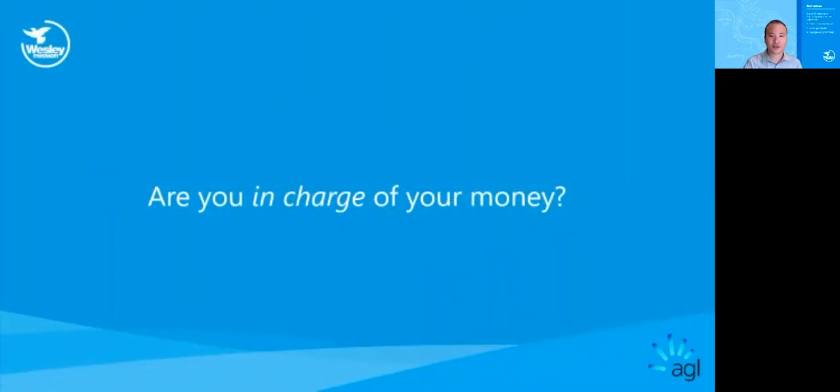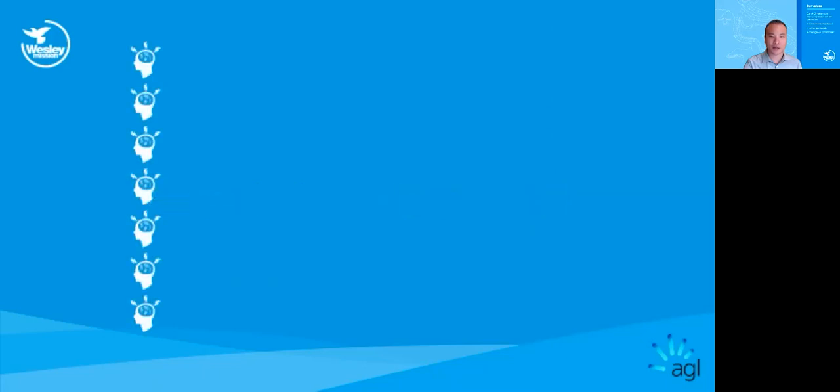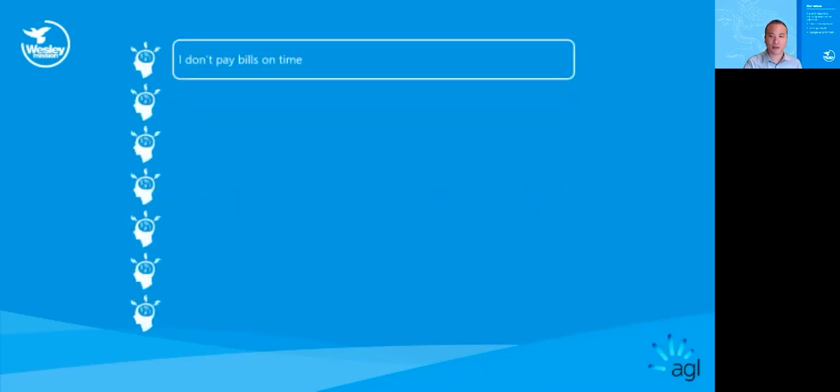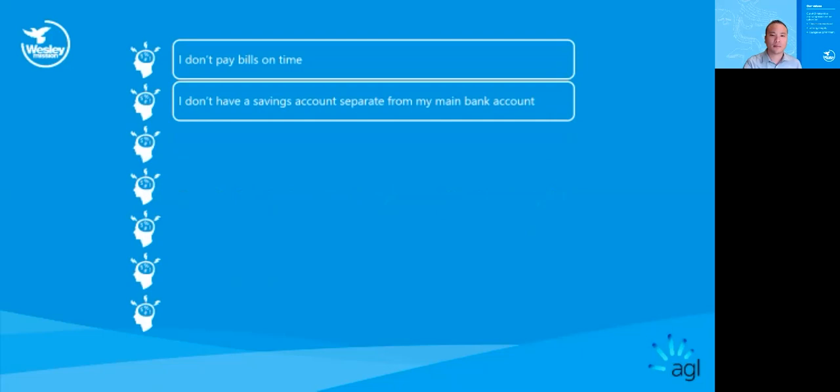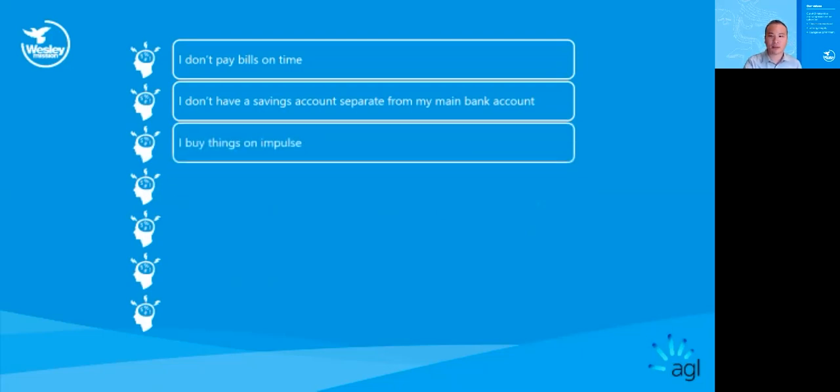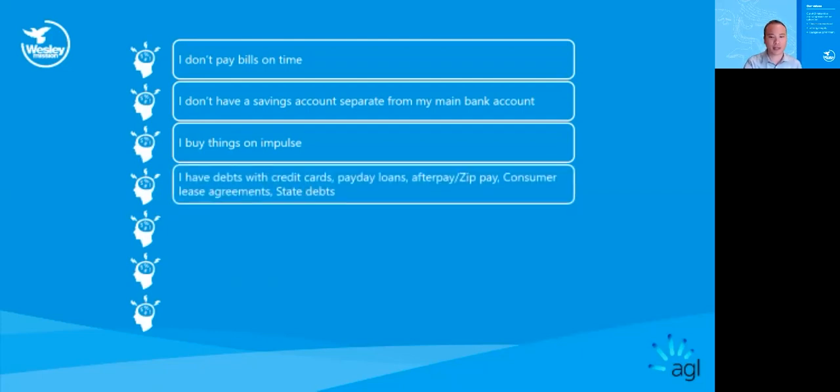Are you in charge of your money? Have a think about this. I don't pay bills on time. I don't have a savings account that's separate from my main bank account. I'm an impulse buyer. I've got credit card debts, payday loans, Afterpay, Zip Pay, consumer lease agreement.